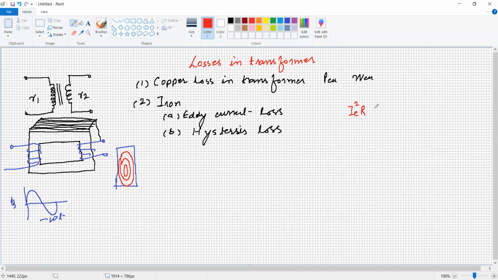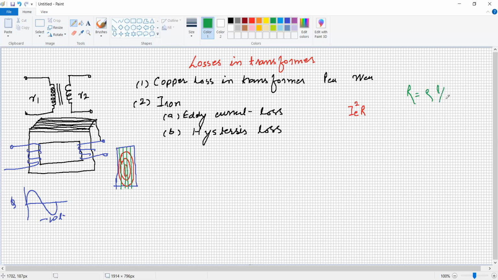So how to reduce that eddy current loss? If you divide this material into different steps, the cross-sectional area of the material decreases.